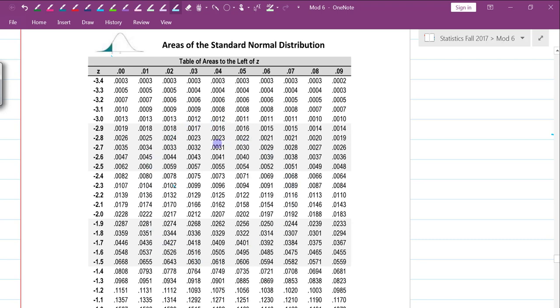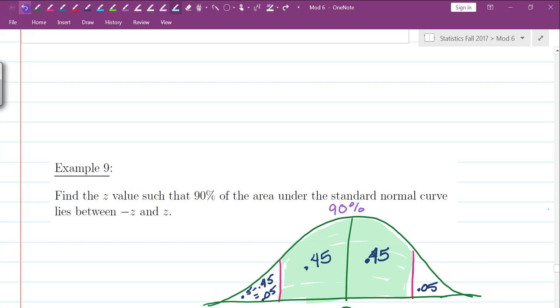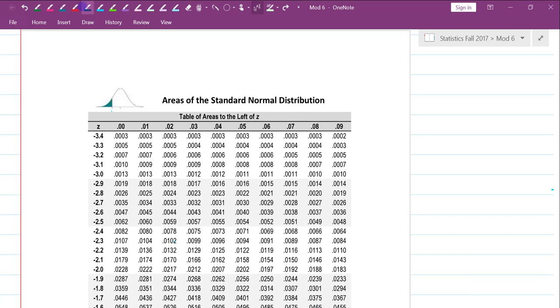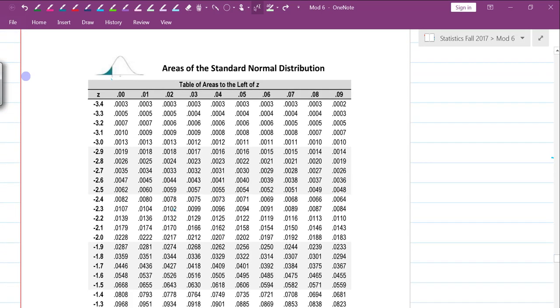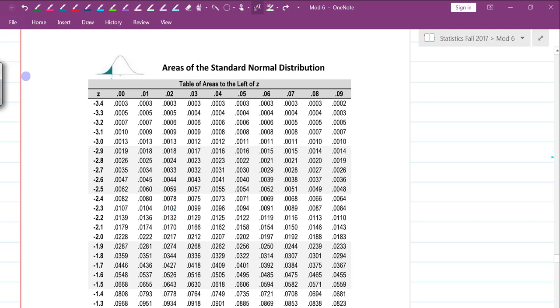The area under the curve is equal to 0.05. And so if the area under the curve equals 0.05, then I can back it out and find the z-value that corresponds to that area. So we're going to look, like right here, the area under the curve is equal to 0.0274.